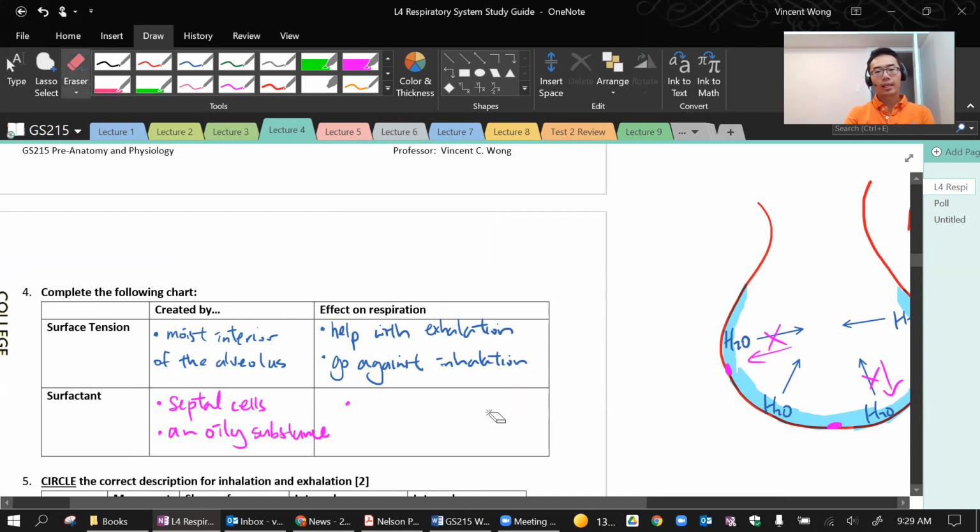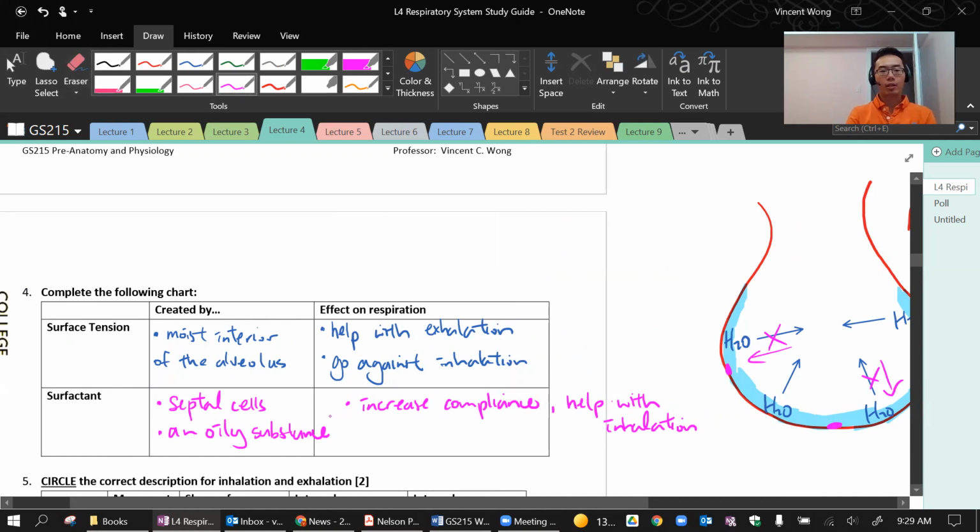The surfactant is breaking the surface tension, so it will increase compliance. It helps with inhalation. If you have a more compliant lung, you can blow it up easier.